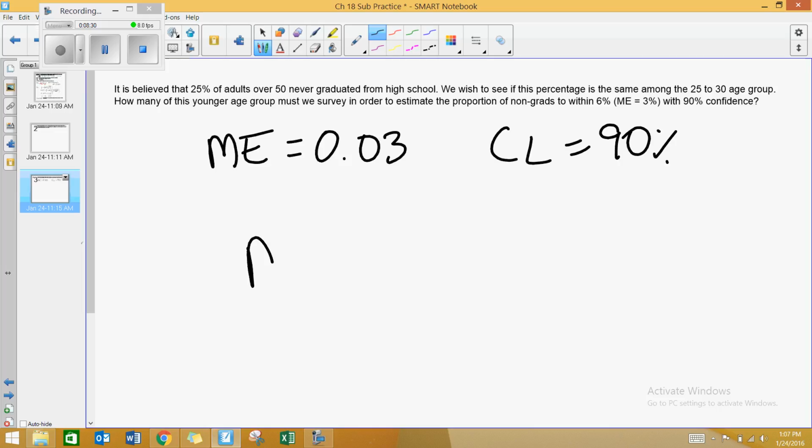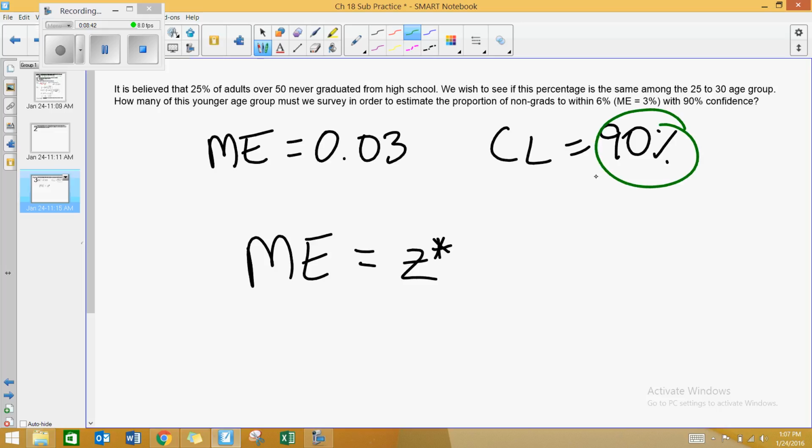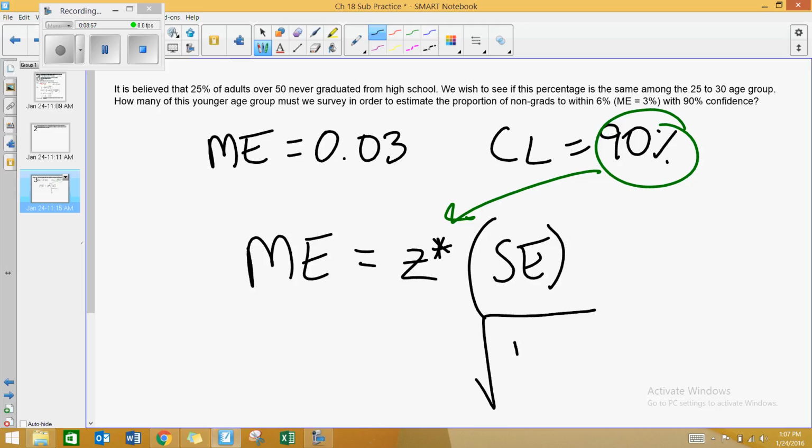And so we need to use the formula: margin of error is equal to the critical value, which we obtain from this, and then our standard error, which we obtain from the word problem itself using p hat and q hat values.